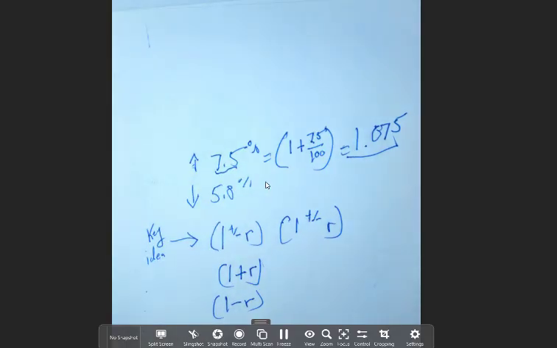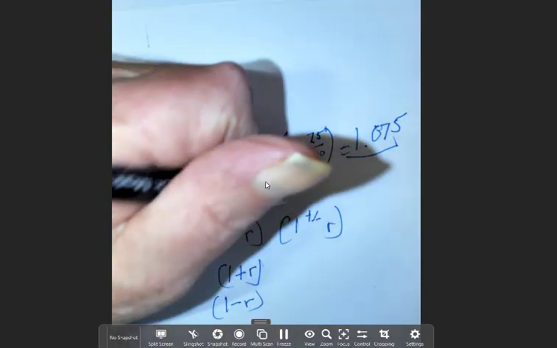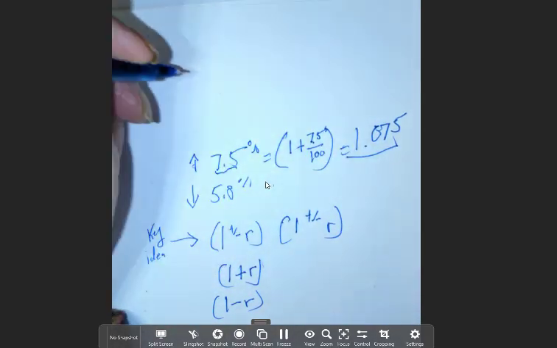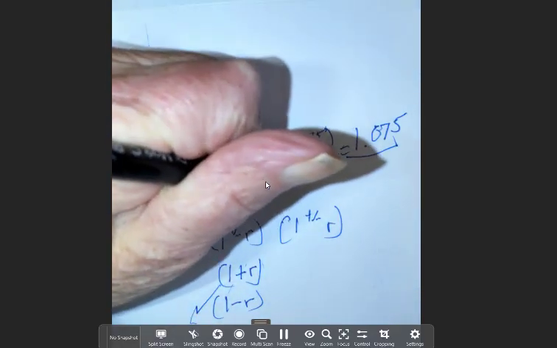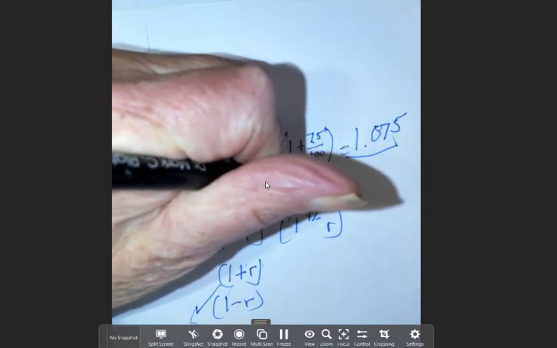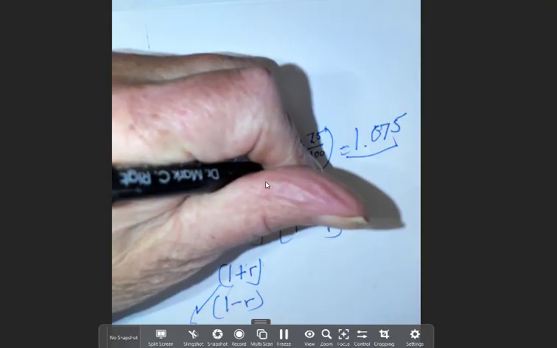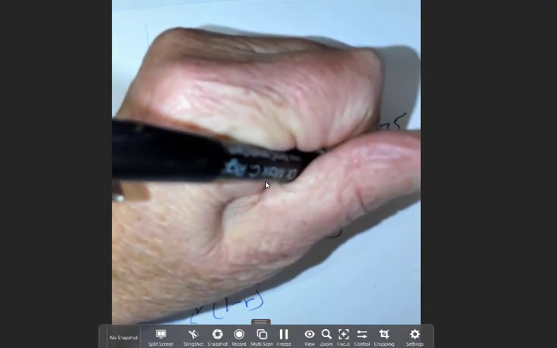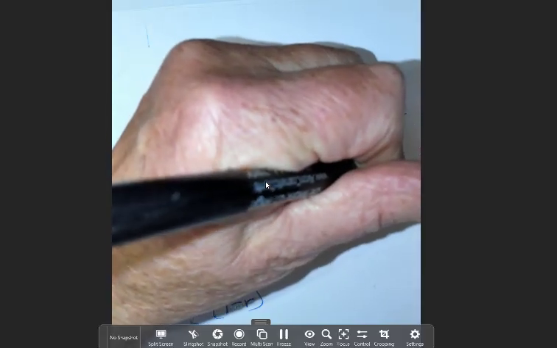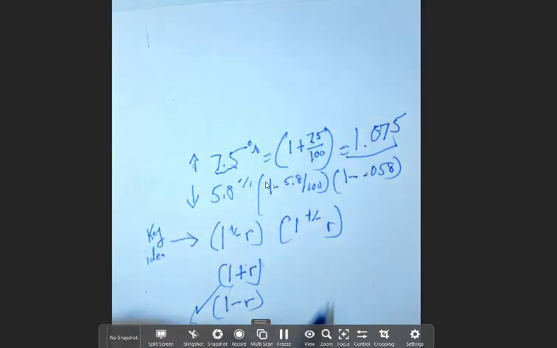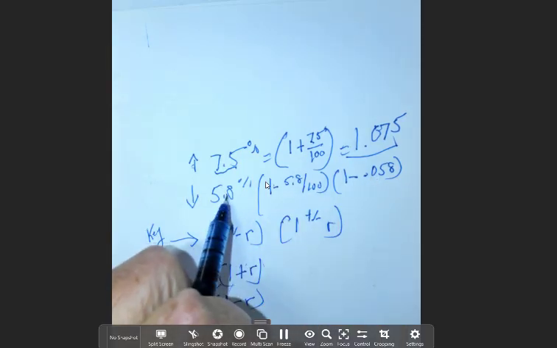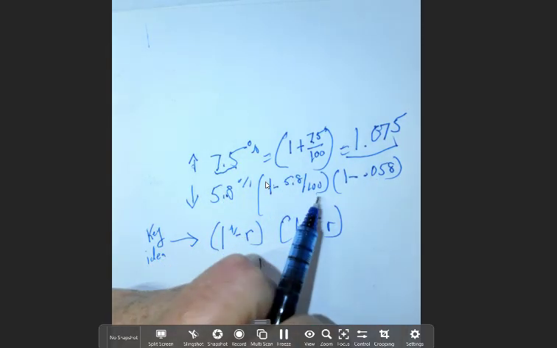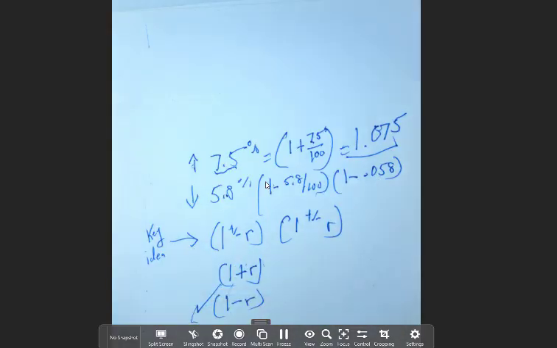Now, if you want to decrease it by 5.8%, it's 1 minus r. So it'd be 1 minus 5.8 over 100. And if you want to be fancy, you could just do 1 minus 0.058, because that's the decimal equivalent of the percentage, right? A percent means over 100, and that's the decimal equivalent.